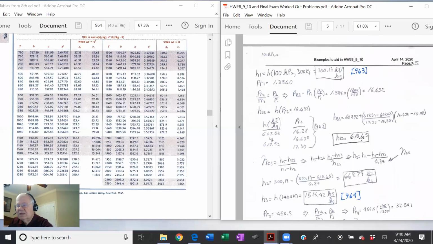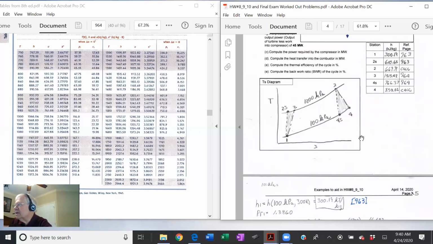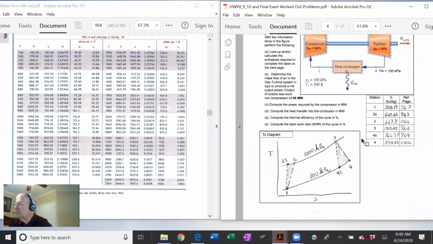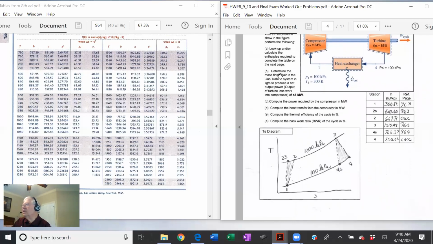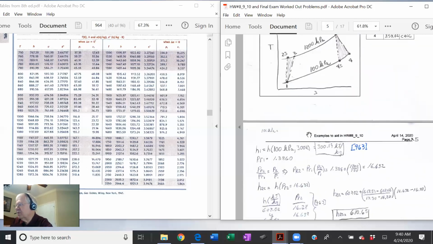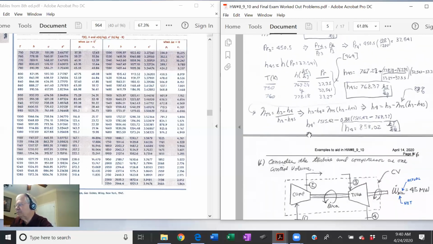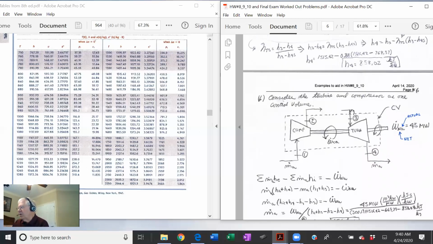Yep. So now the next thing it says is to compute the power, or no. Next thing, determine the mass flow of air in the gas turbine system in kilograms per second to produce a net output power of 45 megawatts. Now, there are a couple of different ways to do that, but here's the way I chose to do it. Draw your control volume as taking in both the compressor and the turbine.